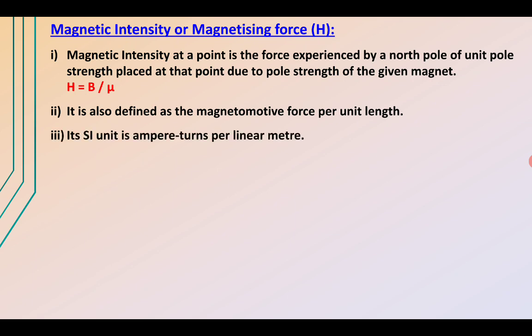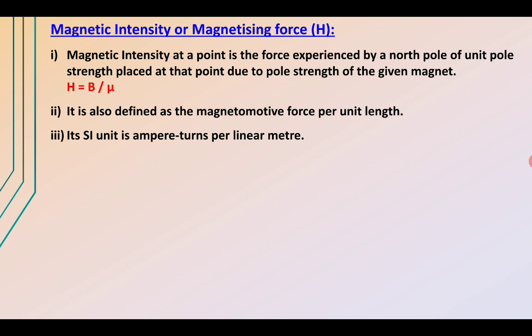The SI unit is ampere turns per linear meter, and it can also be defined as the force experienced by a unit positive charge flowing with unit velocity in a direction normal to the magnetic field. Its SI unit is ampere turn per meter or ampere per meter, but its CGS unit is known as Oersted.